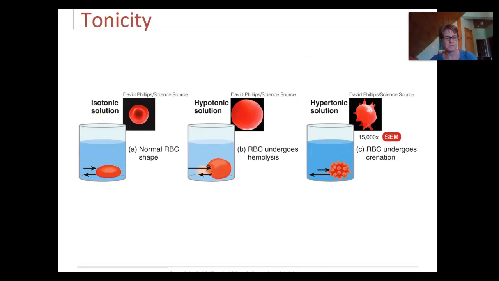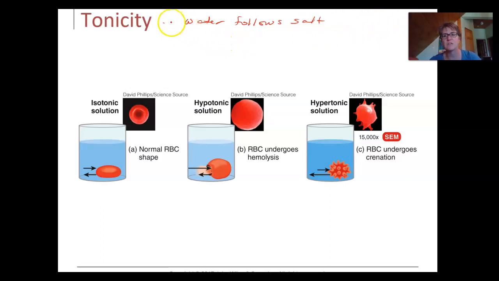So, I really just want to talk about this slide. It already gives you the answers, but I am not going to go with these pictures. There's a couple of golden rules. Water follows salt.